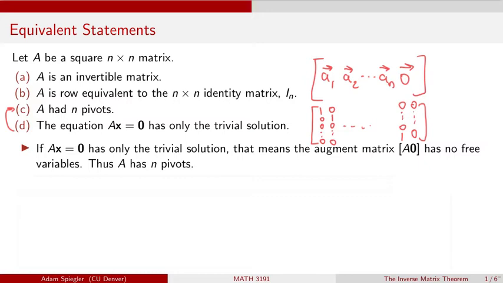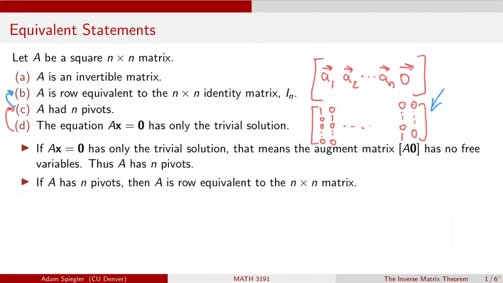Now we'll go up our list and show that if statement C is true, that matrix A has n pivots, then statement B must also be true, namely that A is row equivalent to the n by n identity matrix. We pretty much see that as a direct result from above.